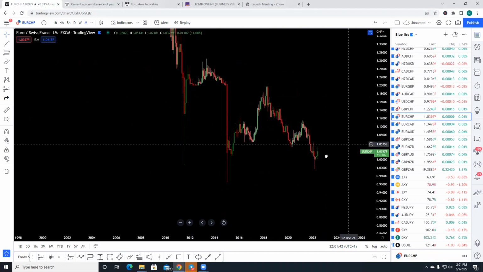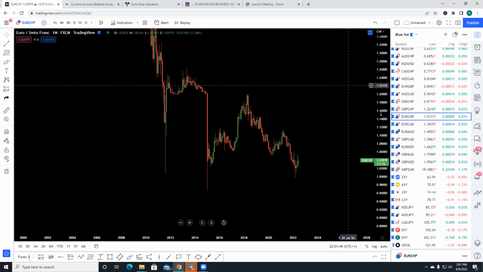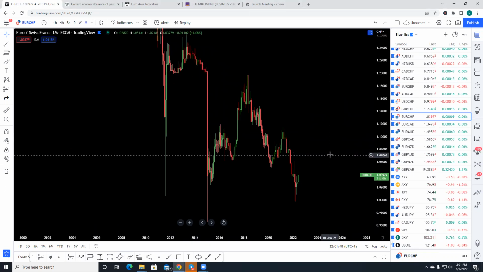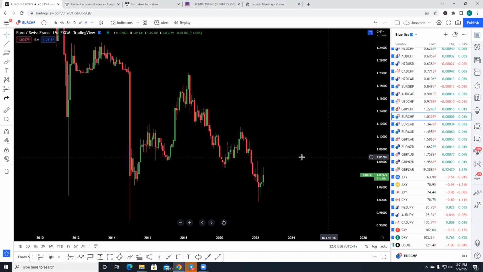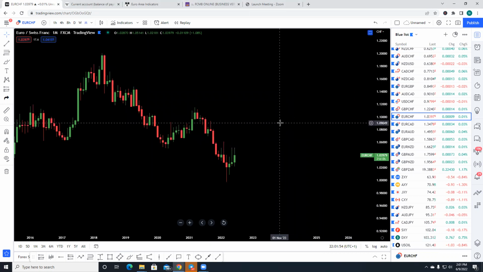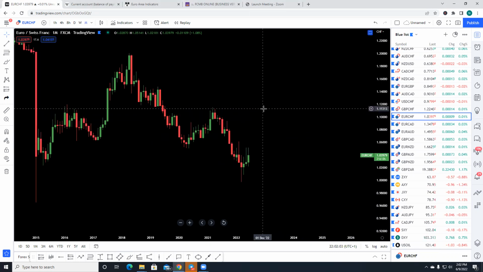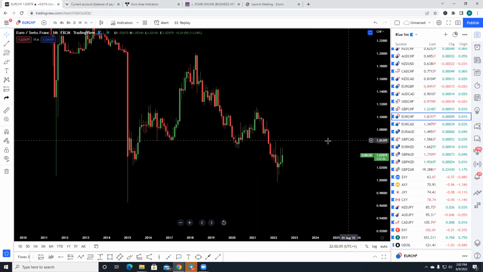I know many people just go straight to finding out the interest rates of the two currencies in a pair, and they just buy the one that has a higher interest rate, meaning automatically they are selling the one with lower interest rates.